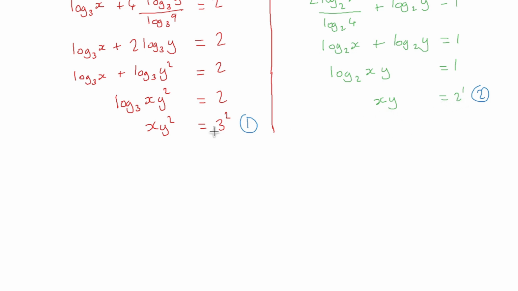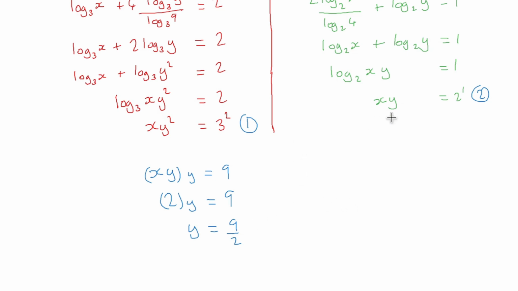Several ways you could think about doing this. I'm going to go with, if xy squared is equal to 9, that is xy times y is equal to 9. And xy is equal to 2. So that means 2y is equal to 9, because xy is equal to 2 from over here, which means that y is equal to 9 over 2.